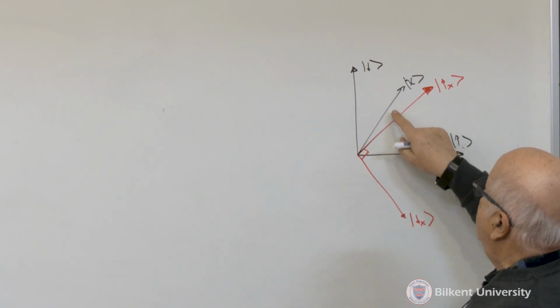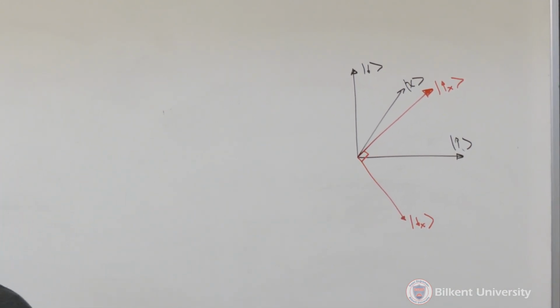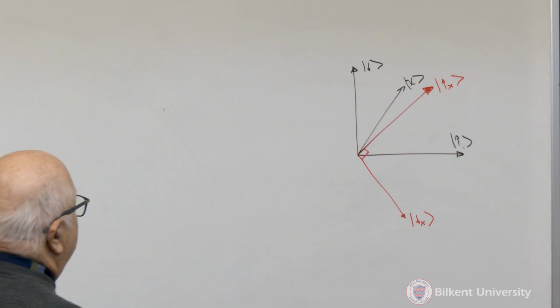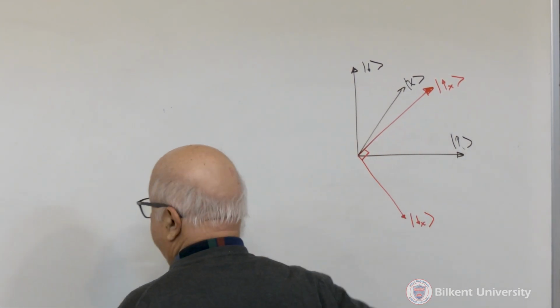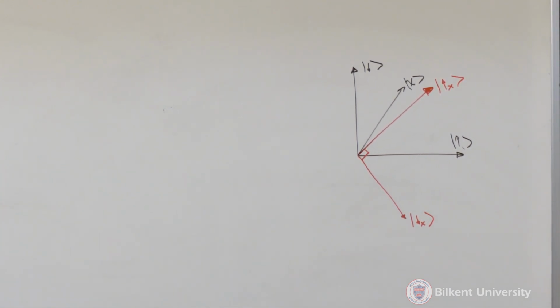So you can describe any vector in terms of those two components, whatever components you want to choose. You can describe your general state vector in terms of the eigenstates of Sz or Sx or Sy.